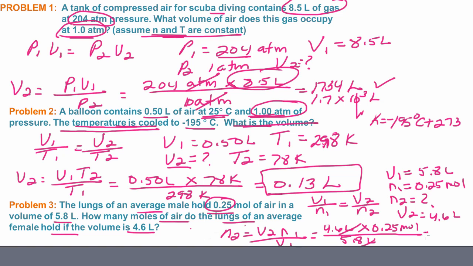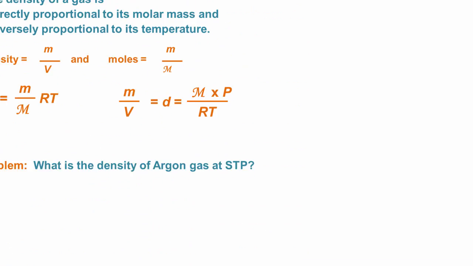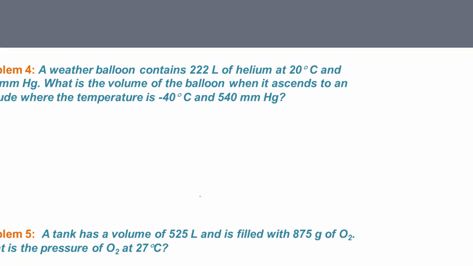Liters cancel, and this would be 4.6 times 0.25 divided by 5.8. That's 0.20 moles. Okay, practice these problems, and again, that was Avogadro's law. So make sure you know the laws as well and what each of those means.